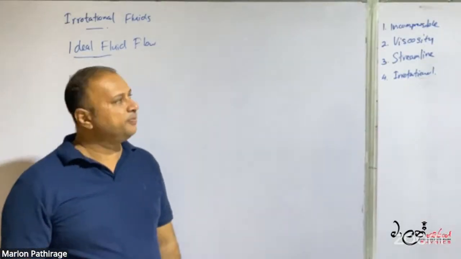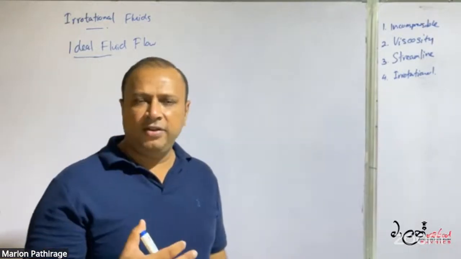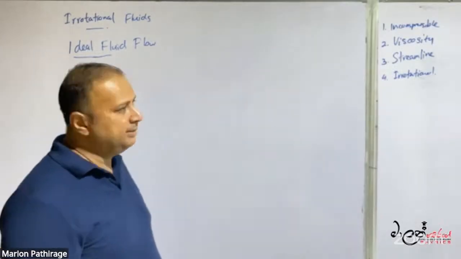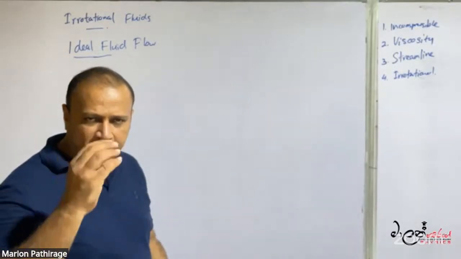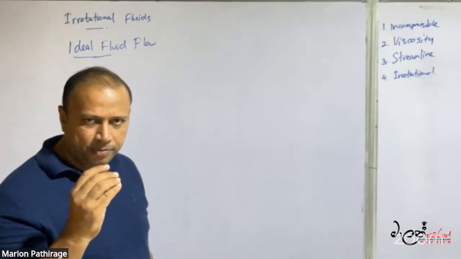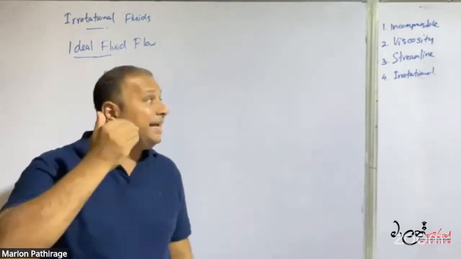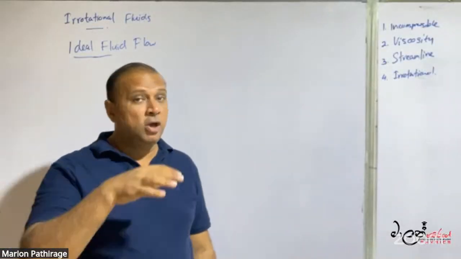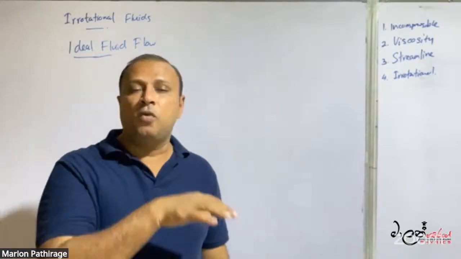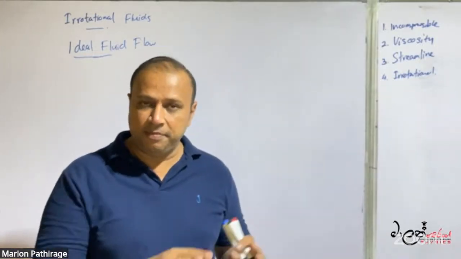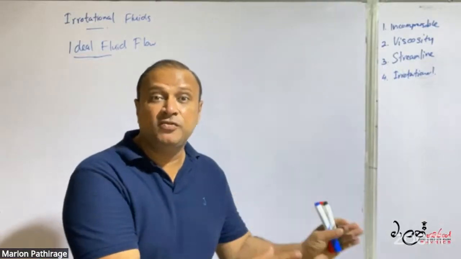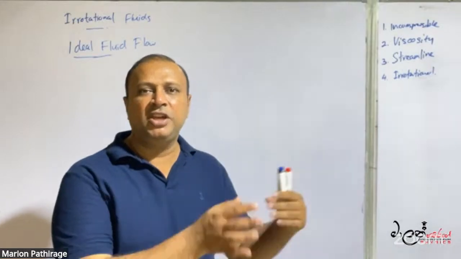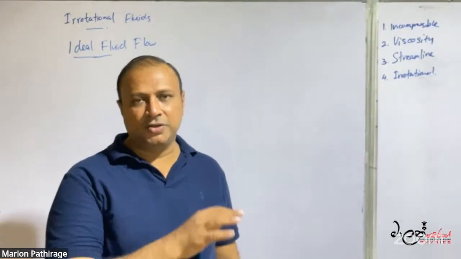Ideal fluid flow. If any fluid flow shows these kinds of properties, that means if any fluid flow behaves as an incompressible liquid, it cannot be compressed. We cannot change its volume by applying a force on it.